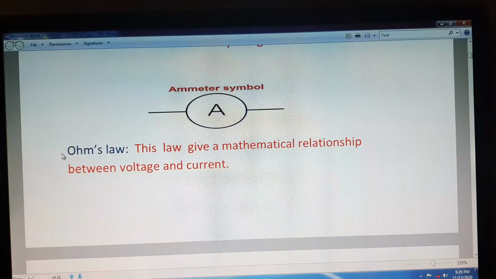Next one, Ohm's law. Ohm is a famous scientist who discovered the mathematical relationship between the voltage and the electric current.